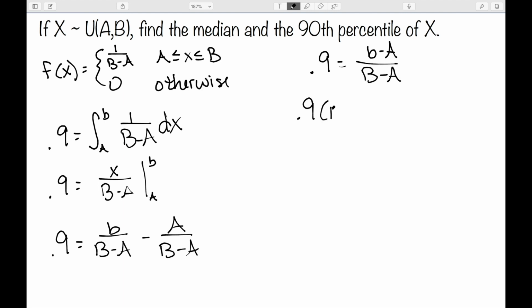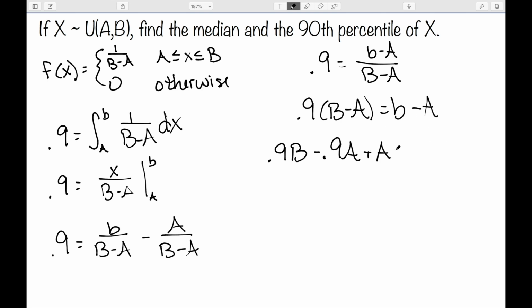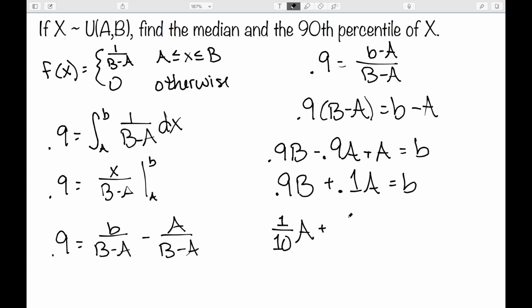We multiply both sides by the denominator, and then to solve for lowercase b, we need to add a to both sides. So if I distribute out the left-hand side, I have 0.9b minus 0.9a. I then need to add a to both sides. So I get 0.9b plus 0.1a. So in other words, the 90th percentile occurs at 1/10 a plus 9/10 b. So that would be our 90th percentile.